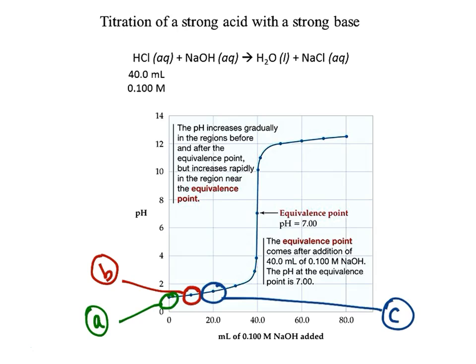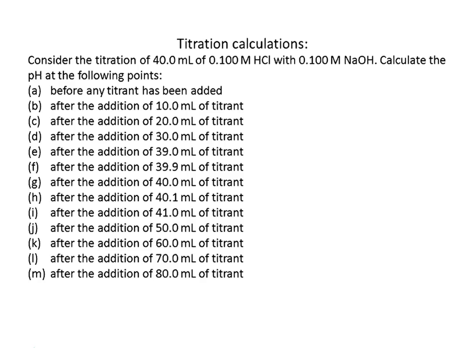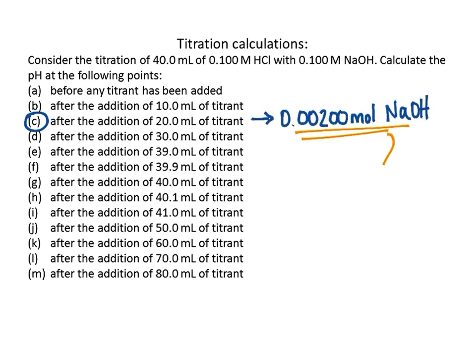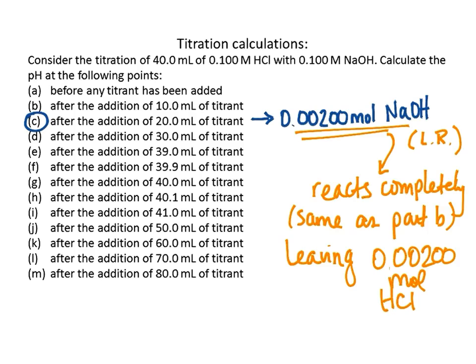Now if we move on, point C is here. That's after we've added 20 milliliters of titrant. So that's 0.002 moles of sodium hydroxide, which is 0.02 liters times 0.1 molar.